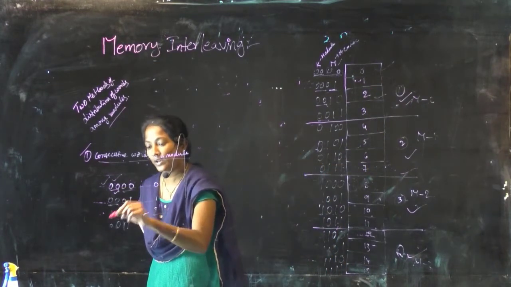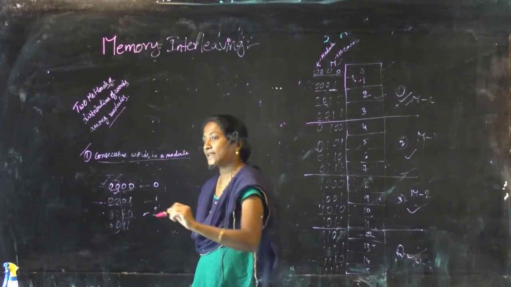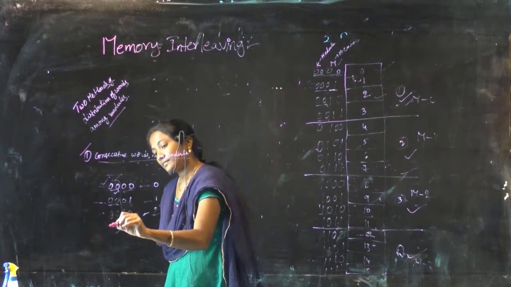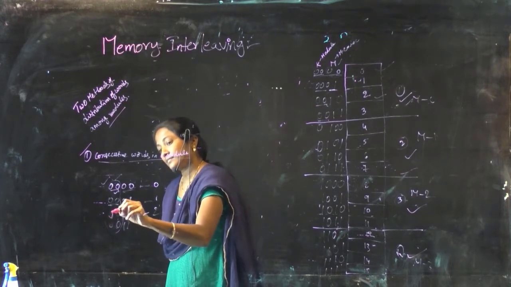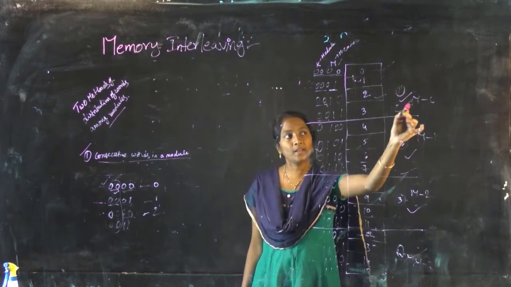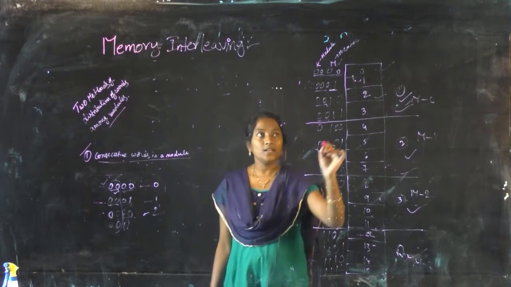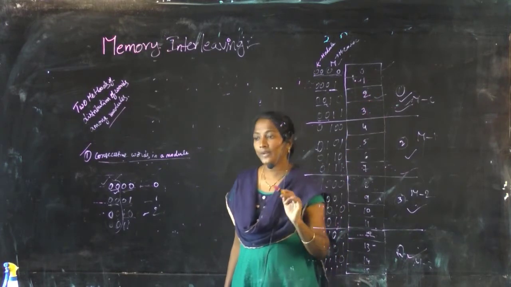If you observe, the higher order bits are all 0, 0, so module 0 will be selected, and at the lower order bits, locations 0, 1, 2, 3 will be transferred.